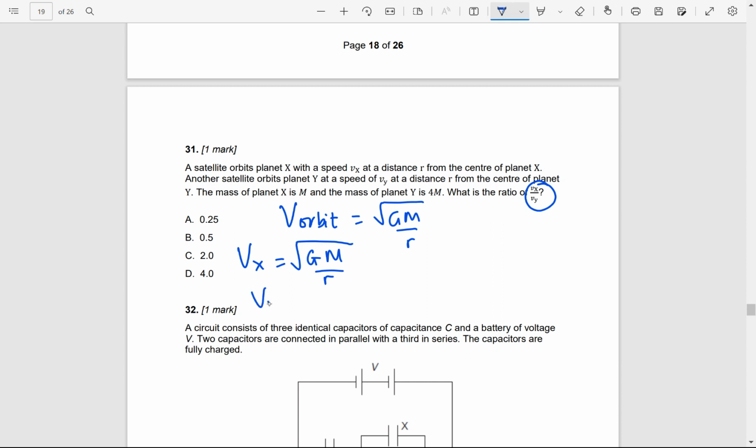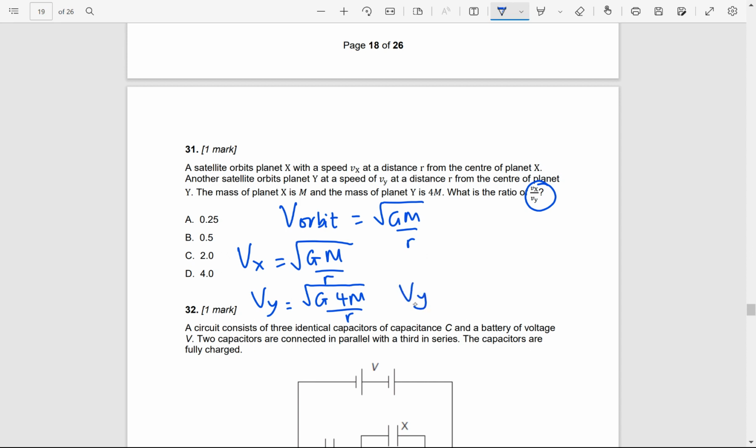Simple enough. Vy is root G, with mass 4m, and at a distance r as well.